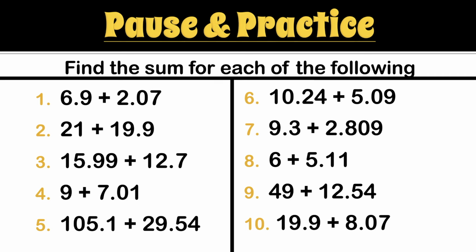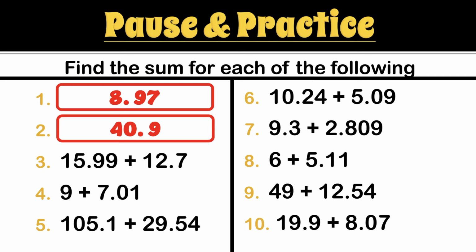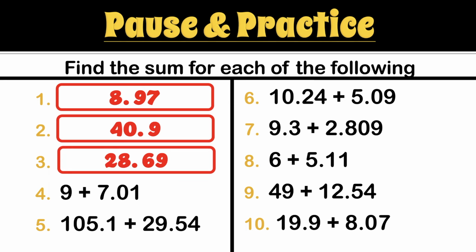So let's go over our answers. Number 1 is 8.97, properly read as 8 97/100. Number 2, 40.9, properly read as 40 9/10. Number 3, 28.69, properly read as 28 and 69 hundredths.